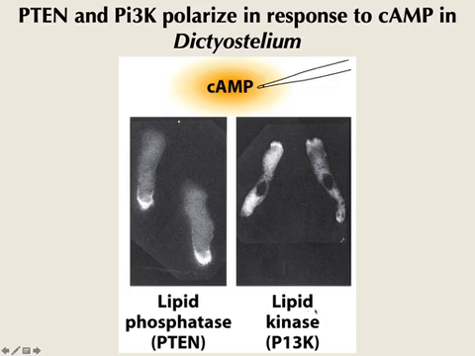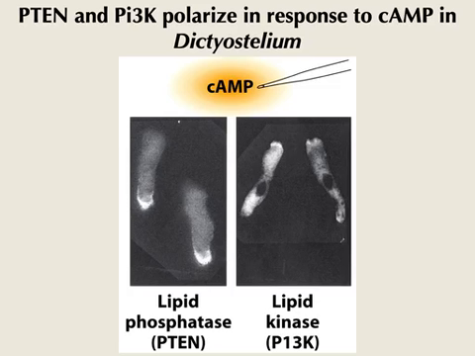PI3 kinase, the lipid kinase, tends to accumulate at the front, in addition to its accumulation in the cytosol. So basically you could explain a gradient of PIP3 at the membrane simply by positioning PTEN, the phosphatase, in the back and the kinase in the front.